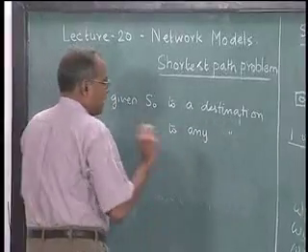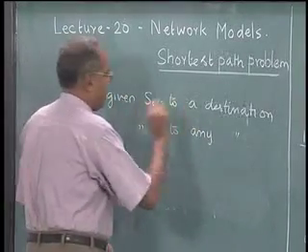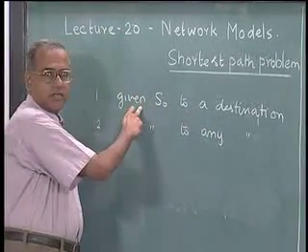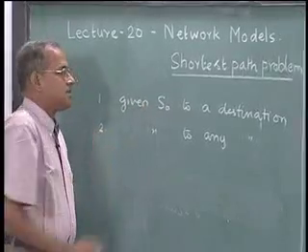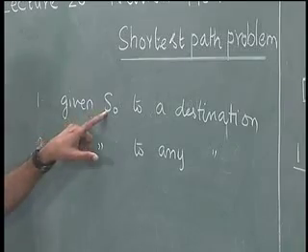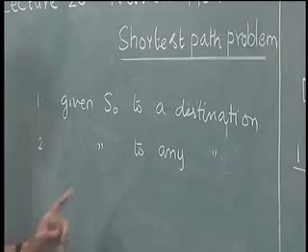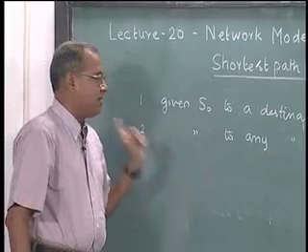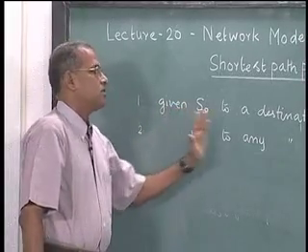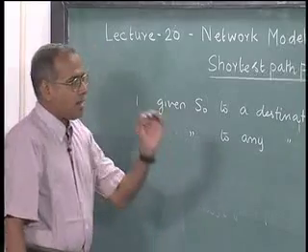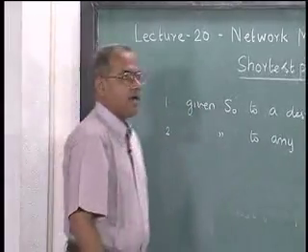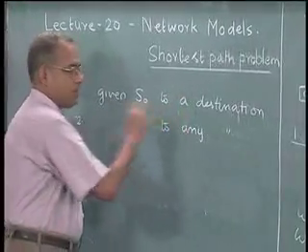So, Dijkstra's algorithm not only solves the first problem, where it helps us find the shortest path and the shortest distance from a given source to a given destination, it also solves the second problem where it does it for a given source to all destinations. So, with one pass of the algorithm, we have actually solved both these problems.